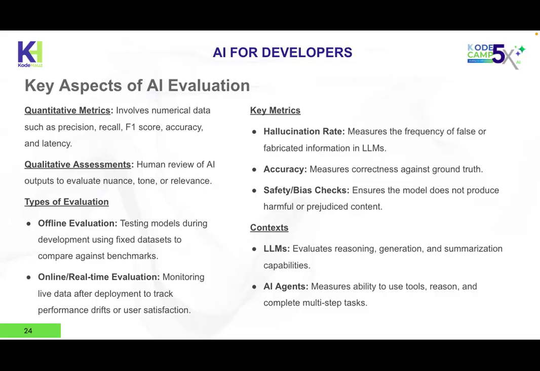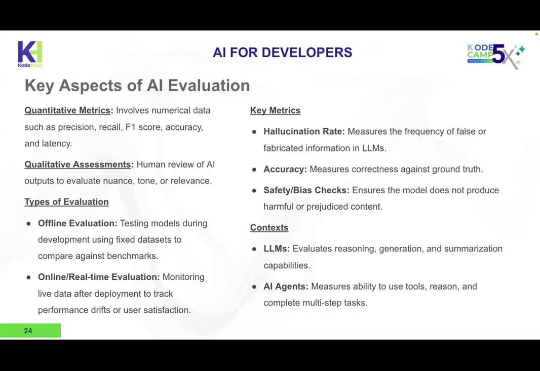So these are all things that you will use for normal model analysis, right? This is something that you see in machine learning, ML. Okay, so that is quantitative metrics.